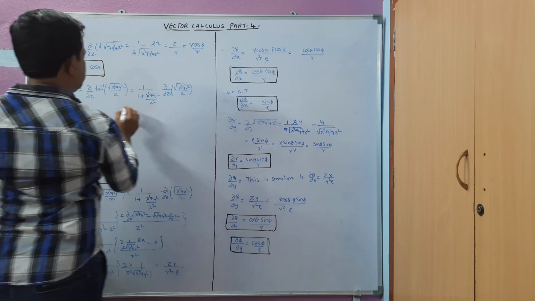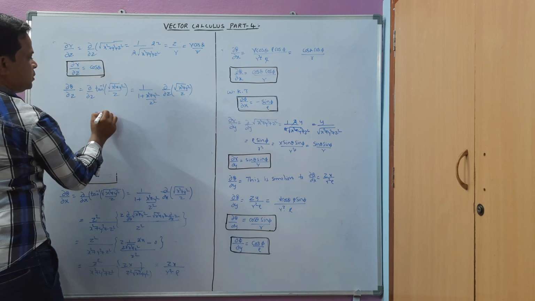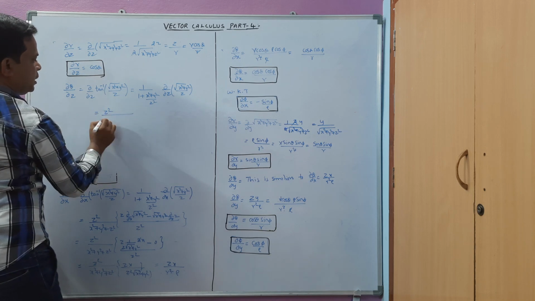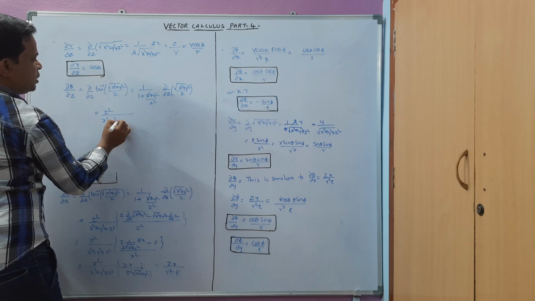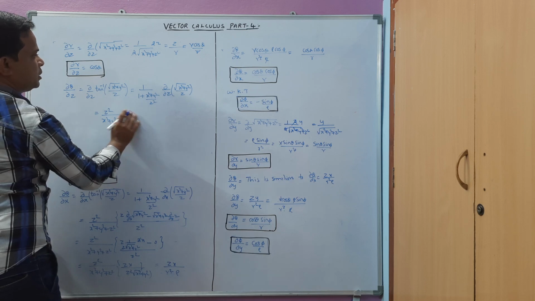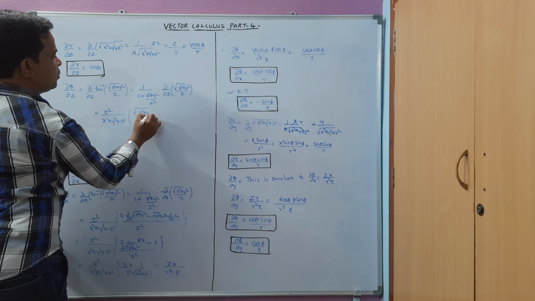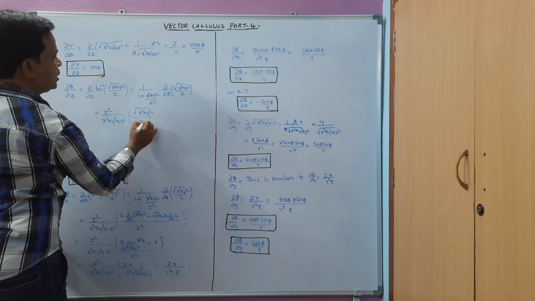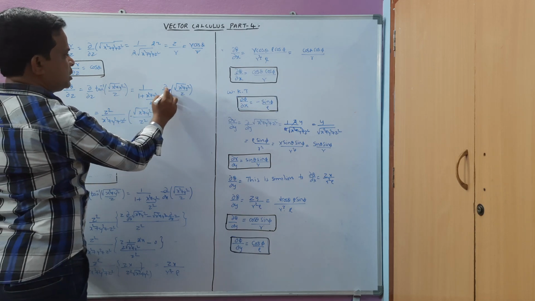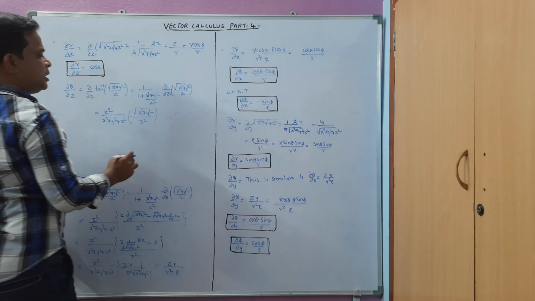So with respect to z, differentiating gives z squared by x squared plus y squared plus z squared, that is, the square root of x squared plus y squared by minus z squared. That is the differentiation of 1 by z, okay.